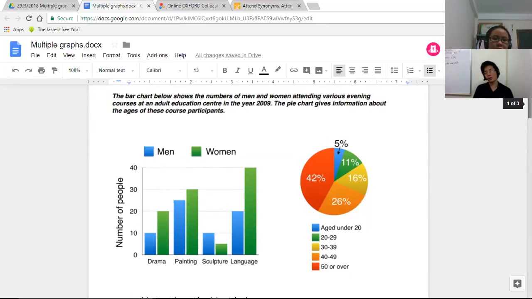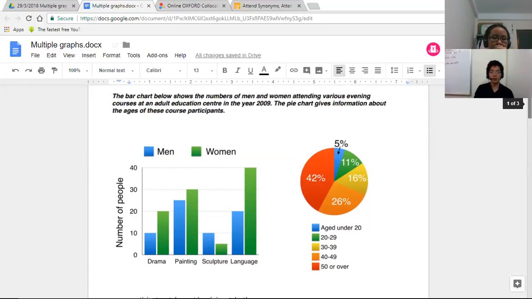Yes. Can you tell me more? Very similar to the question. Like the bar chart shows something, and the pie chart shows something. Yes. And you use the word while? Yes, sometimes I use while, sometimes I just set a period and then a new sentence. Yeah, both are fine. I normally use the word while.